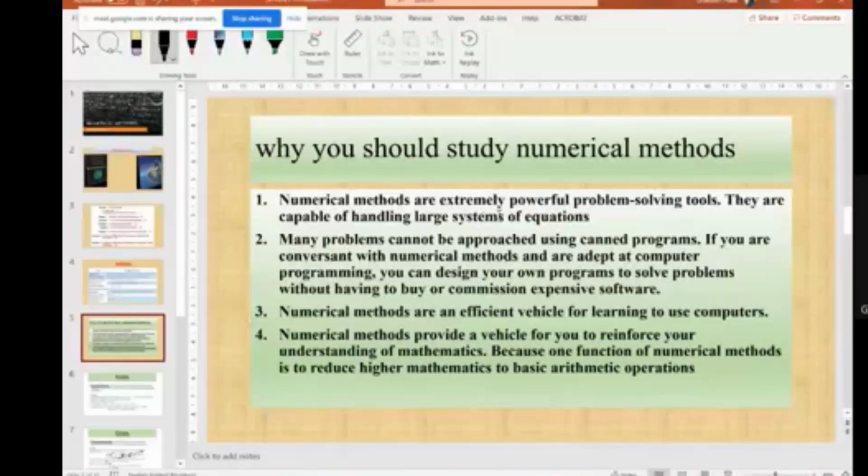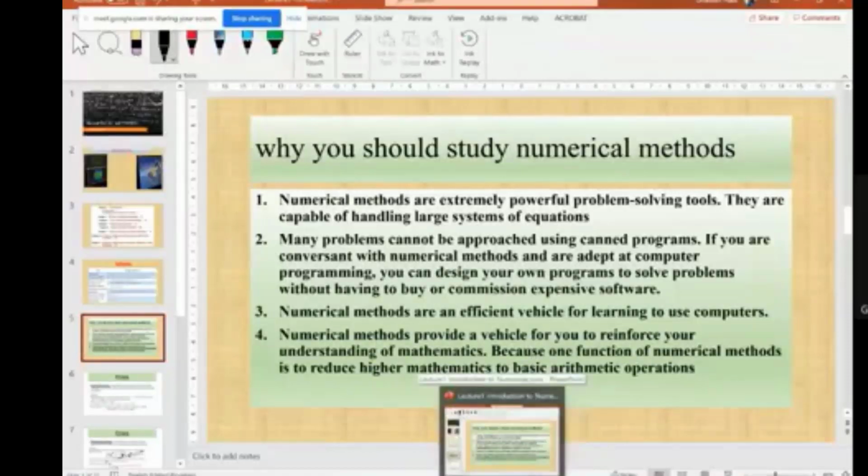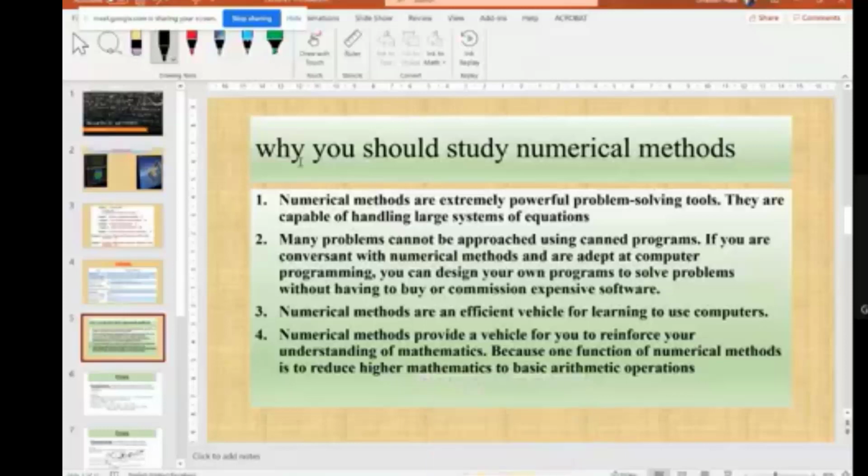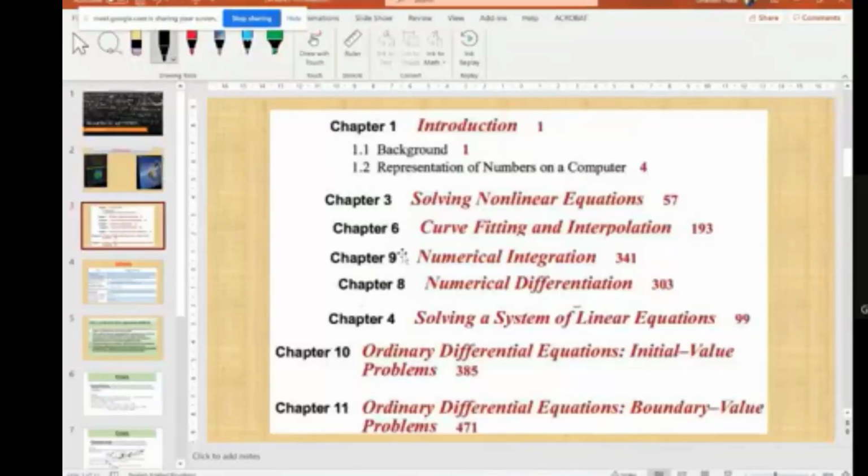And we say if we cannot solve problems analytically, we have to use numerical methods. Any questions until now, students?